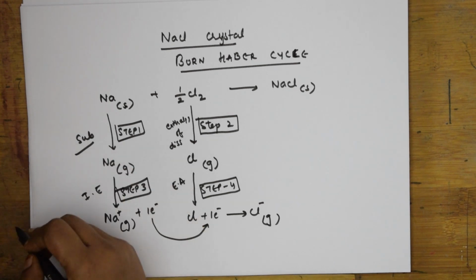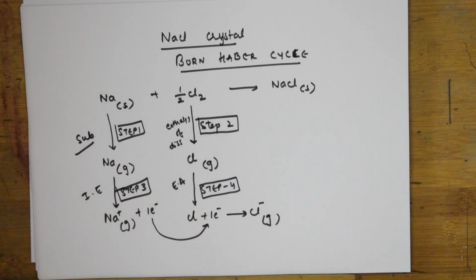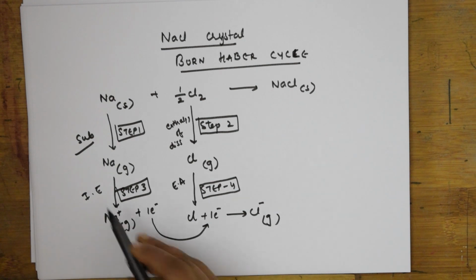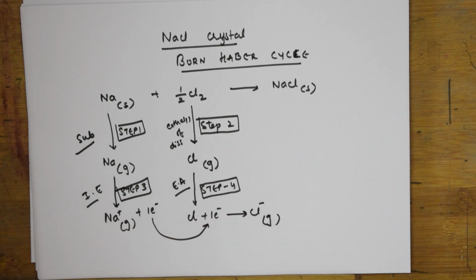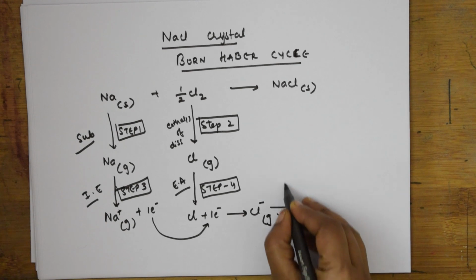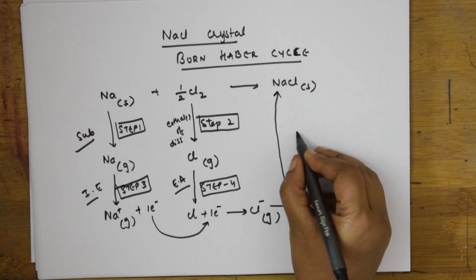This is sublimation. This is enthalpy of dissociation. This is ionization enthalpy. This is electron affinity. Now what happens? Here we have one gaseous cation and one gaseous anion. These two combine together and form NaCl. This is step 5.